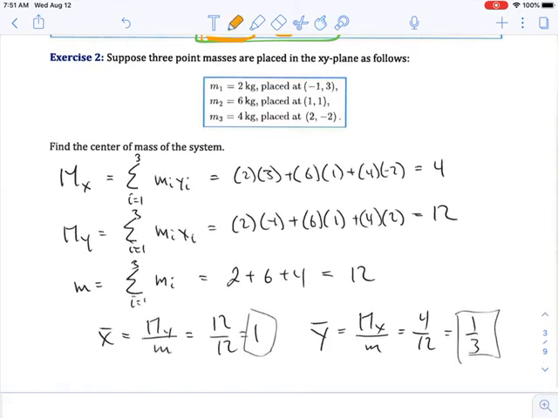So suppose 3 point masses are placed in the xy plane. All right. So essentially, here's what we have. If I can draw just a little picture over here. We have at the point -1, 3 a mass of 2. And then at 1, 1, we have another mass.